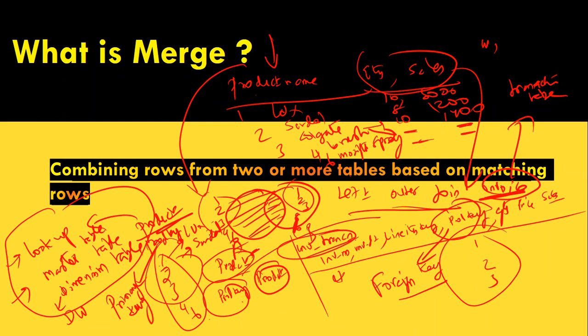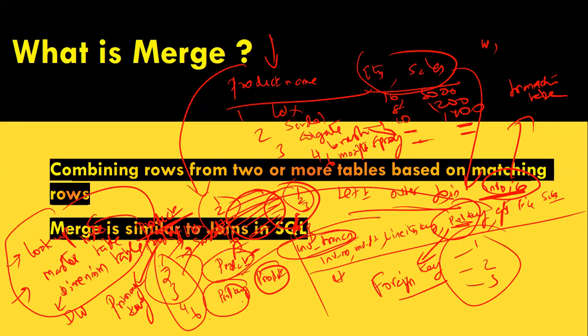Those of you already familiar, please bear with me because I have a mix of people here. Why do we call this product key in the invoice table a foreign key? Why do we call this product key in the product table a primary key? Because the values of the product key in the invoice table come from my product table's product key column. You cannot put some non-existing product key.